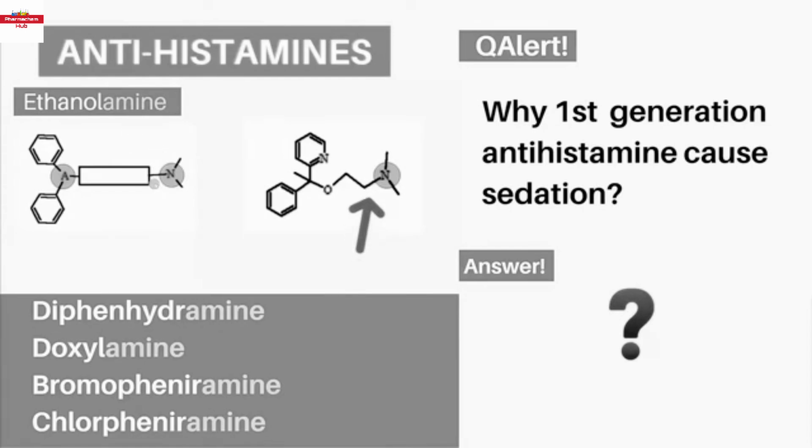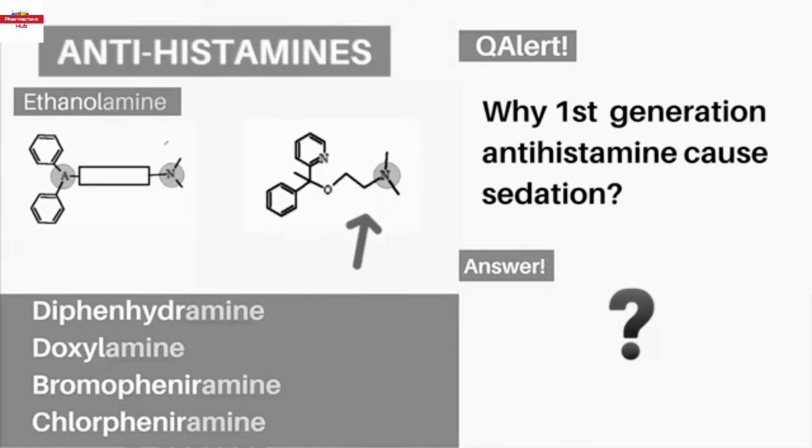The ethanolamine types of antihistamines all have names that end with the suffix amine, like diphenhydramine or doxylamine. You see the suffixes here, those are amines.